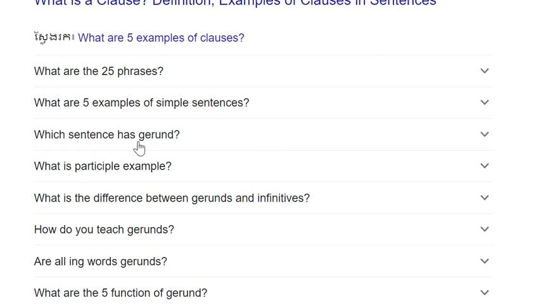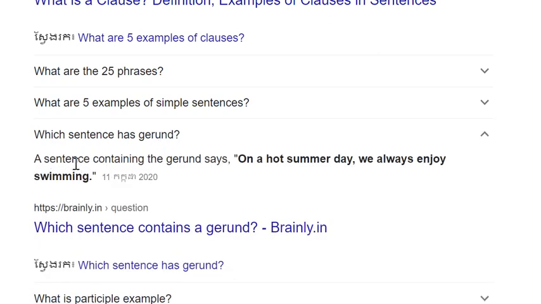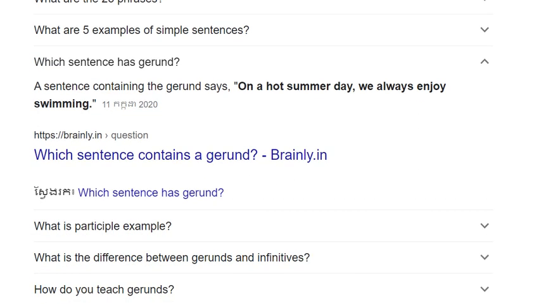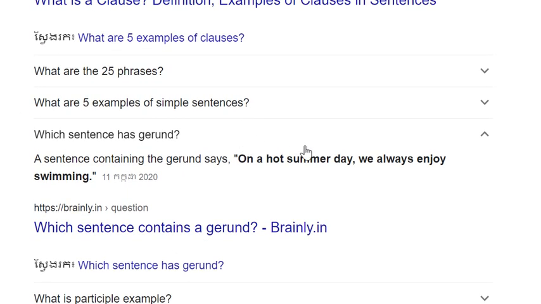Which sentence has a gerund? A sentence that contains the gerund, say: on a hot summer day, we always enjoy swimming. Swimming.